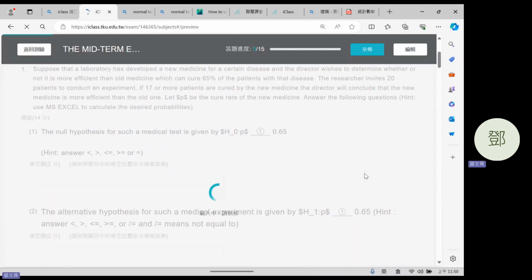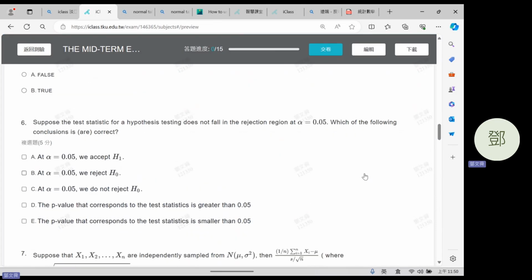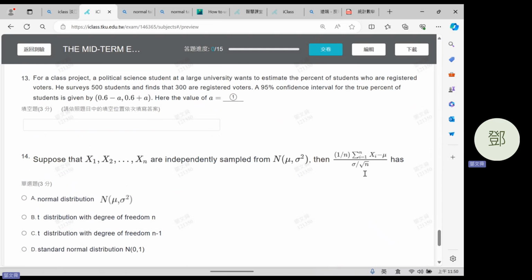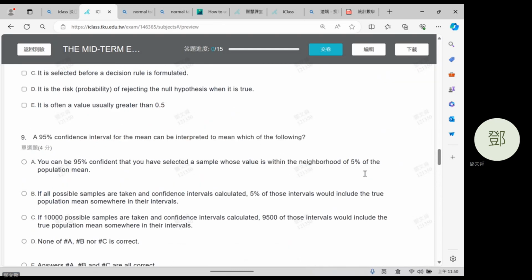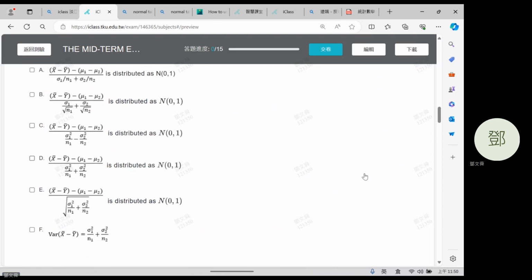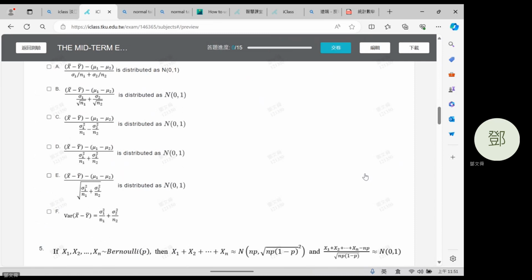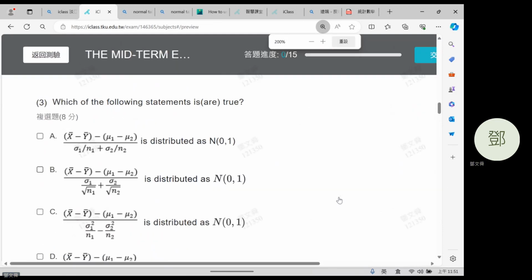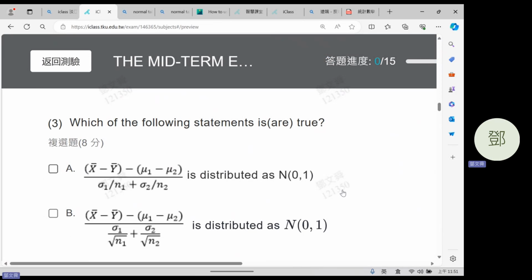Which one is correct? Let us look at the first one. Is the first one correct? No. It is correct only when number one is squared and the sigma 2 is squared also.